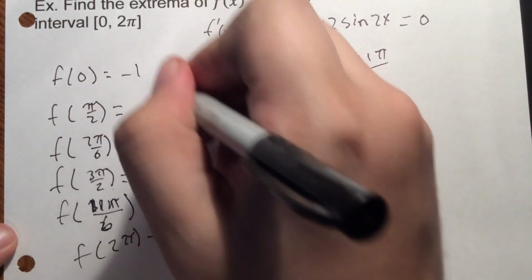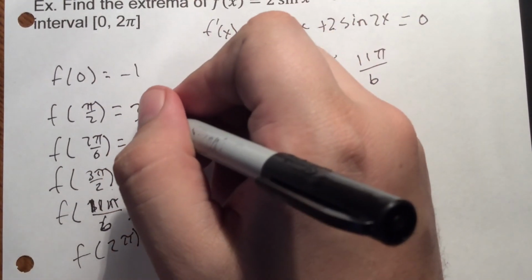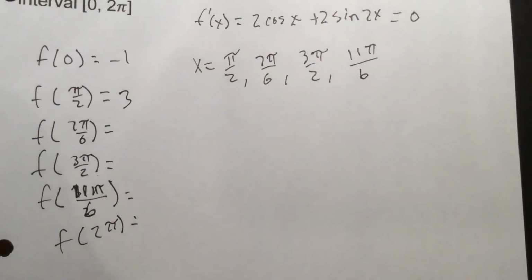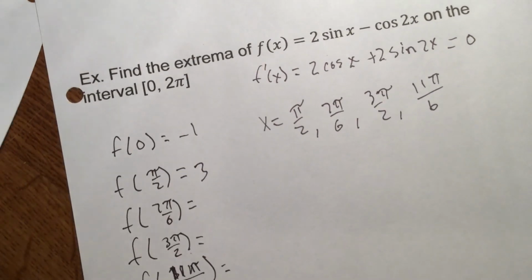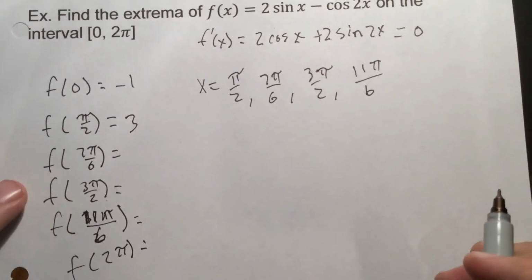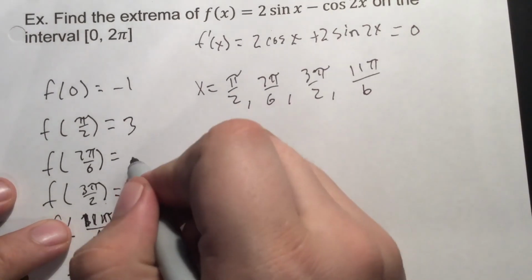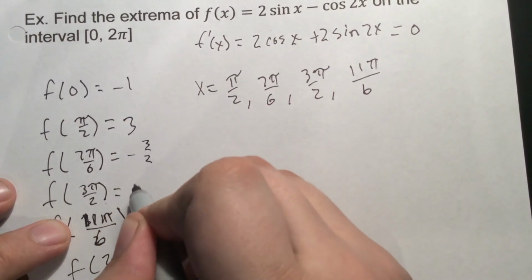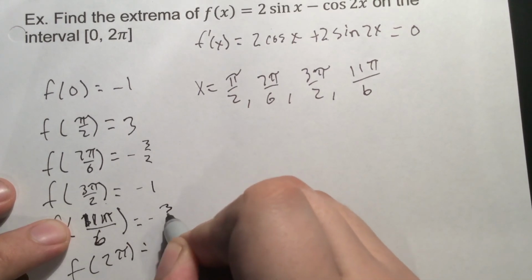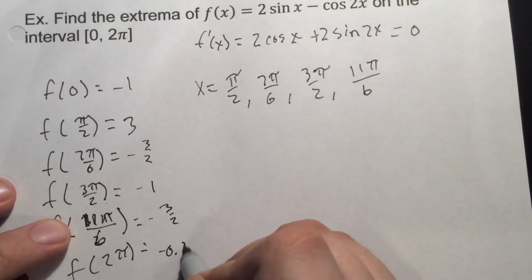So when you do that, you get -1, you get 3, this would be -3 halves, -1, -3 halves, and -0.24.